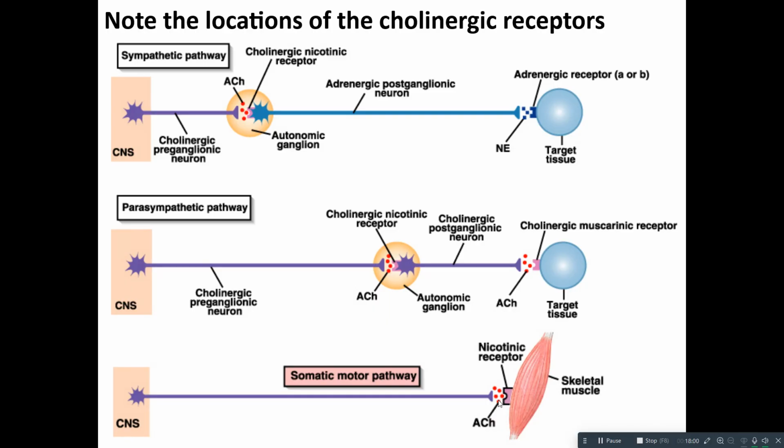We talked about this in the muscle lecture. And the receptor there is also a nicotinic receptor. I have a muscarinic receptor just on my target tissues, so on my smooth muscle, my cardiac muscle, and my glands. Now we've got to figure out what actually happens when acetylcholine binds to these nicotinic or muscarinic receptors.